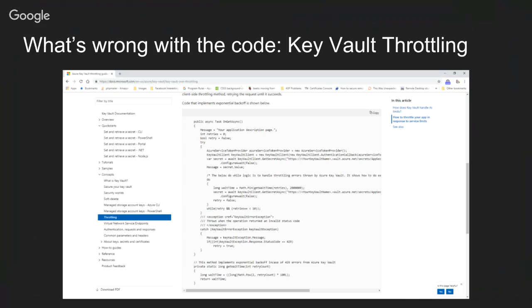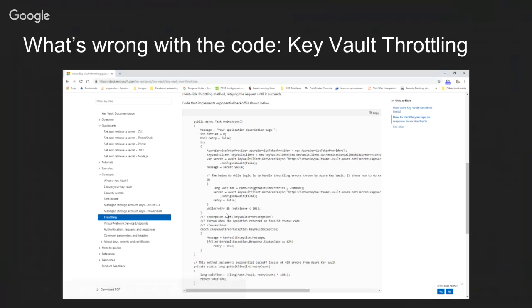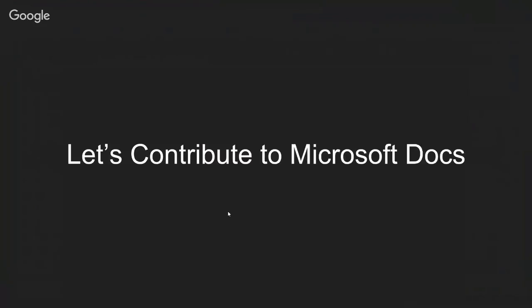So there's a limit on access. When it fails, you need to wait for a while, then retry. But somehow their retry doesn't work. It will only run the while loop one time. So don't always believe the Microsoft docs, and let's contribute to Microsoft docs to make them better.